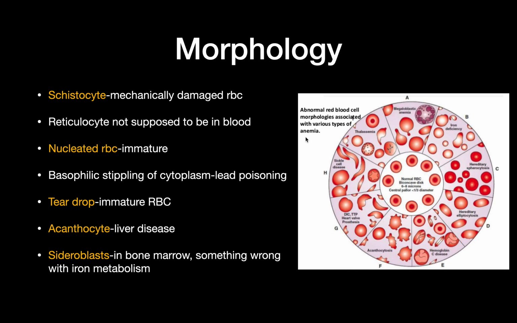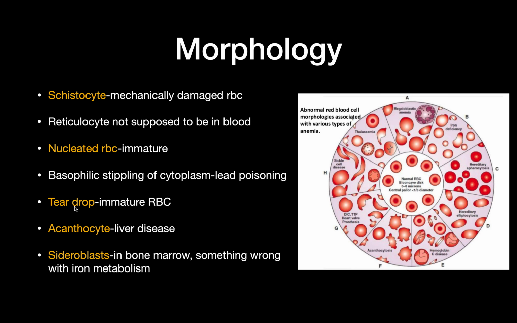So schistocytes are going to be your mechanically damaged red blood cells. They're called helmet cells as well. Nucleated red blood cells are going to be immature red blood cells. Basophilic stippling of the cytoplasm is a pretty characteristic sign of lead poisoning.